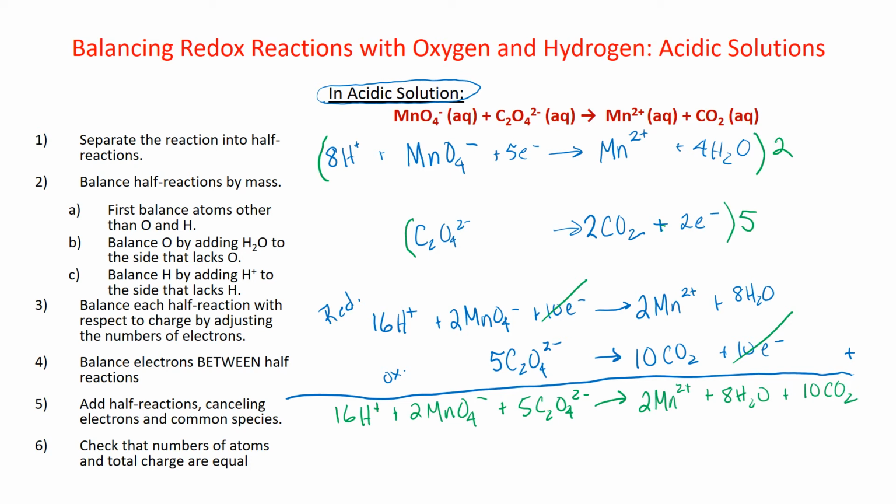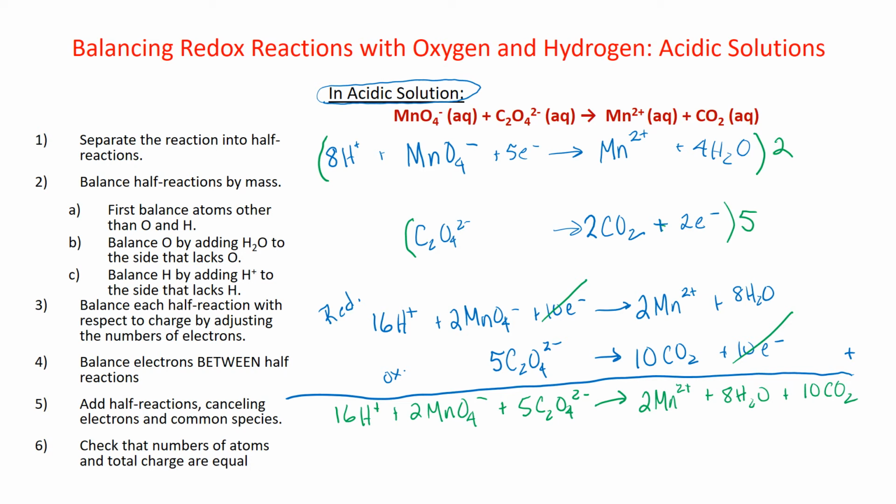For my oxygen, I have to combine 2 different terms here. I've got 2 times 4, that's 8 oxygens here, plus 5 times 4, that's 20 oxygens. So that's 28 total oxygens on the left-hand side. On the right-hand side, I've got 8 times 1 in that water molecule, and I've also got 10 times 2, which is 20 in the carbon dioxide. So that is actually 28 oxygens as well. So let me just write that underneath so that you can see where those came from.